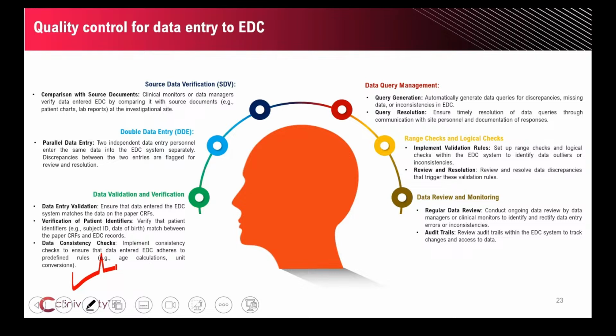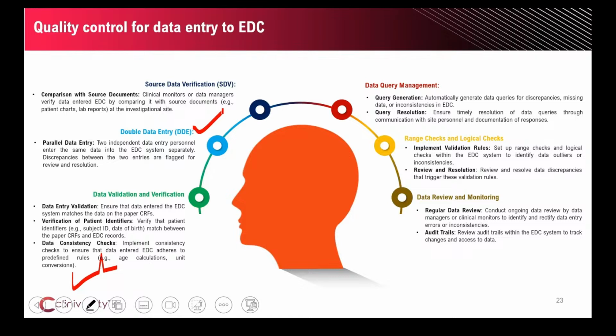There can also be certain data consistency checks. The data consistency checks would talk about whether the data is entered correctly as per certain predefined rules, for example, age calculations, unit conversions, etc. Then comes your double data entry.